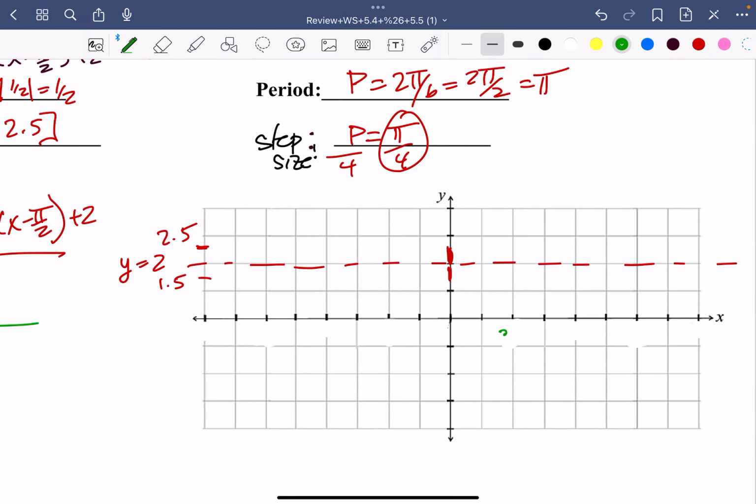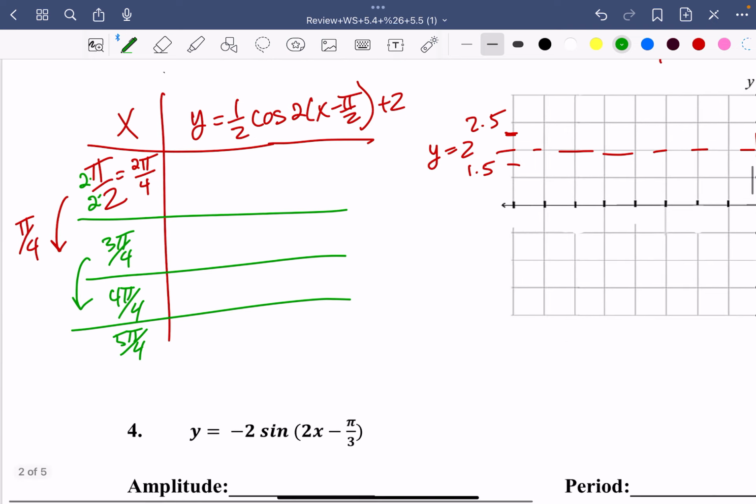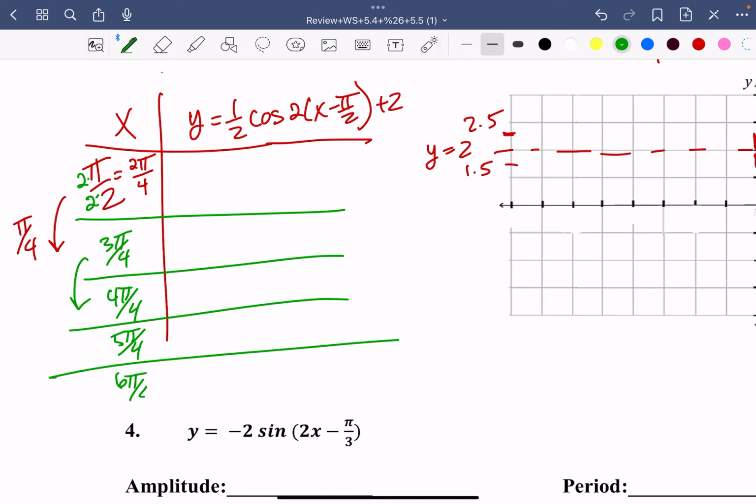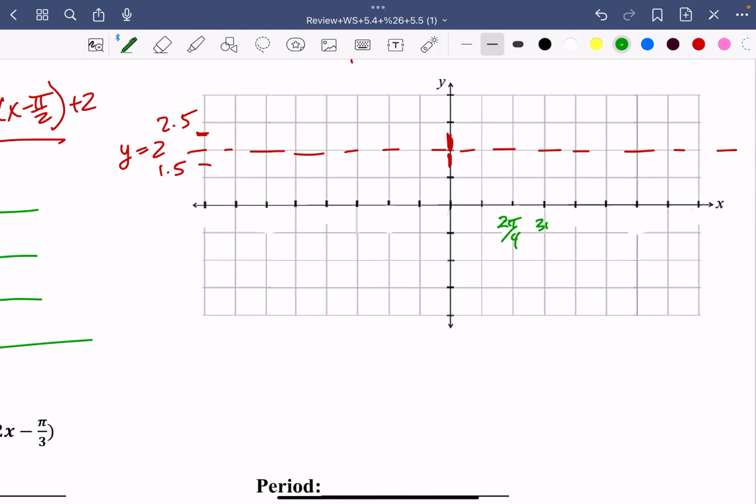Then I take one step of size pi over 4 to 3 pi over 4, and then 4 pi over 4, 5 pi over 4, and then the last step is to 6 pi over 4. Right? So there's 1, 2, 3, 4 steps. We start here, there's 1, 2, 3, 4 steps.